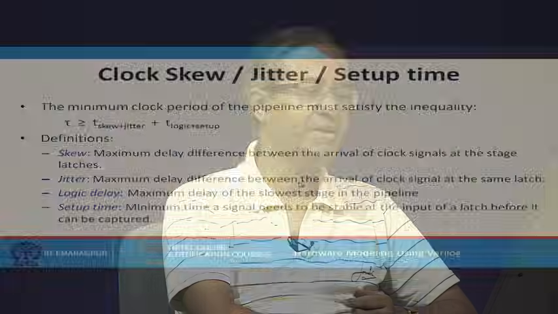Suppose you generate the clock here, you will have to deliver the clock to different points. The length of the paths can be different. So, there will be different delays that the clock signal will experience before it reaches the different flip flops or the latches. This is what is called skew, the maximum delay difference between the arrival of the clocks.